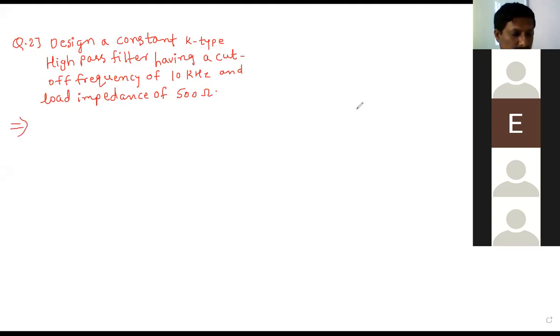So how to start now? As usual, you have to mention first of all which type of filter you are going to design, then mention the given values in the question. We are going to design the constant K type high pass filter.